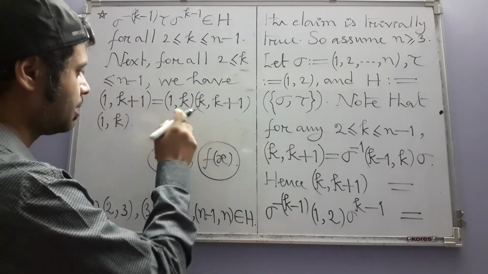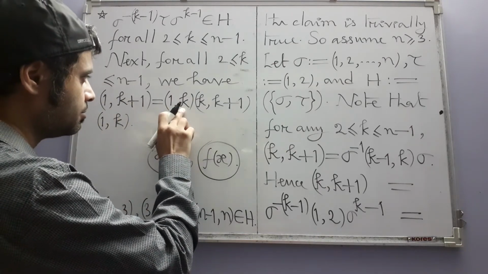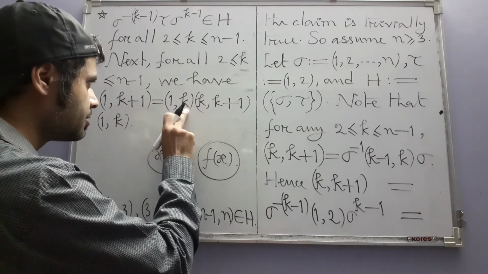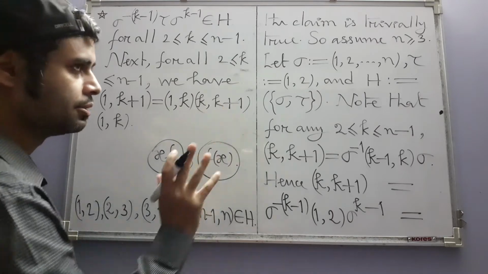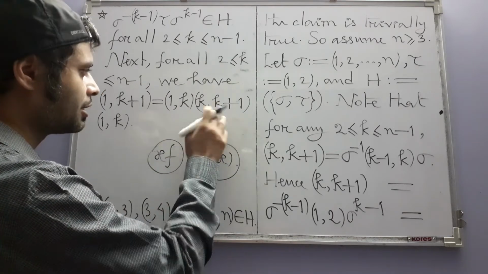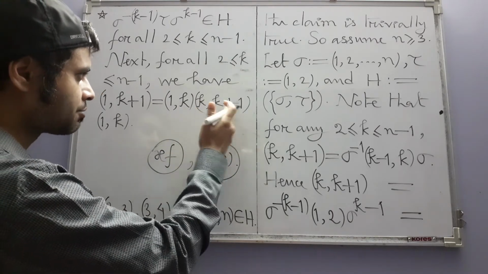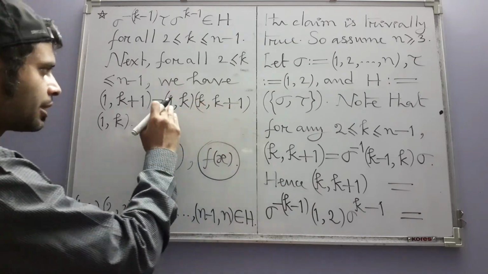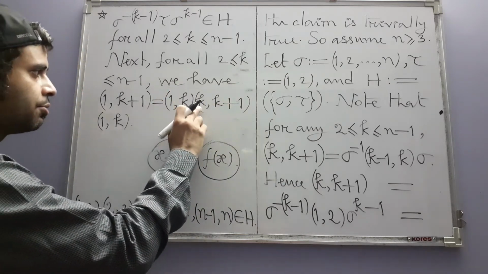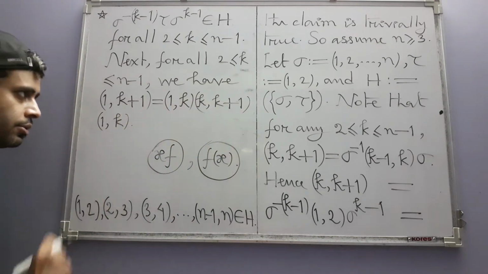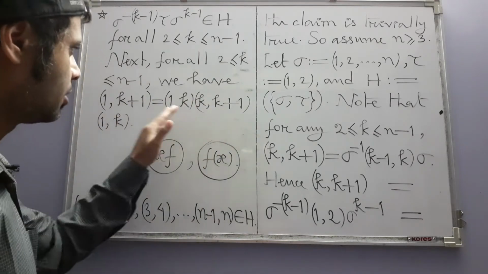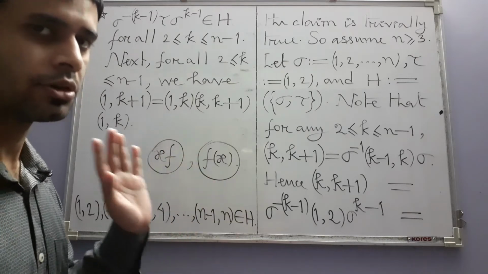Because k is making an appearance here, we need to see that also. First, k is sent to 1 by this one, and then that 1 is unchanged by this one because 1 is not among the symbols present in this one. And then that 1 is sent back to k.